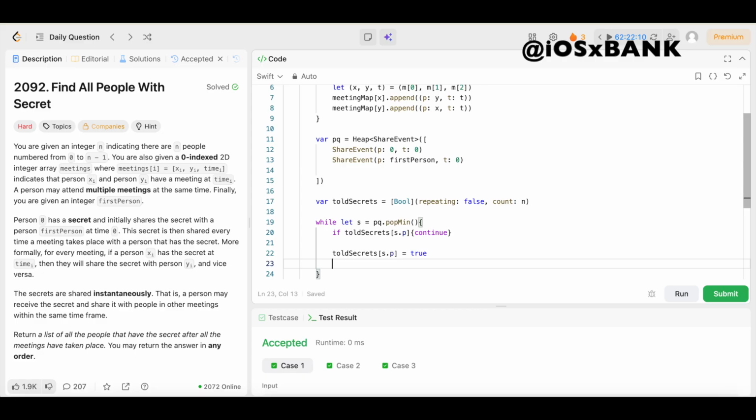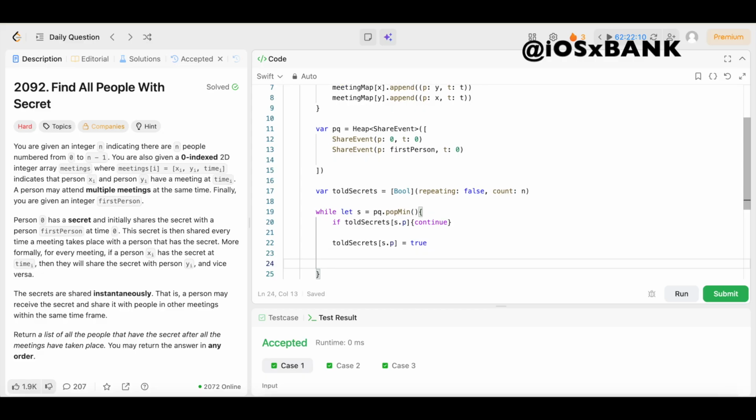Boom. Now we're going to explore all meetings for this person by saying for, open up the parentheses, p2, comma, t, come outside of those parentheses, in meetingMap, square bracket, s dot p, and we're only going to consider people who don't yet know the secret in meetings that occur at or after the time this person learned it.